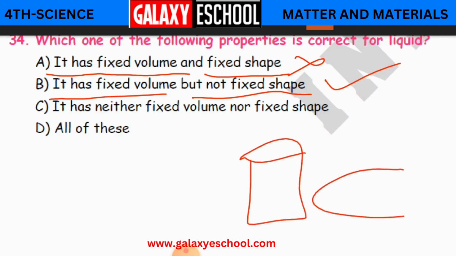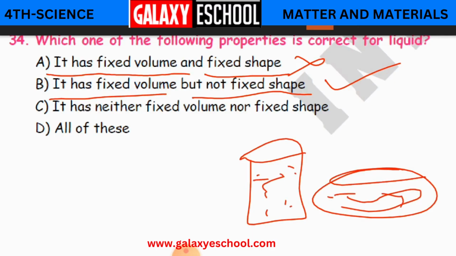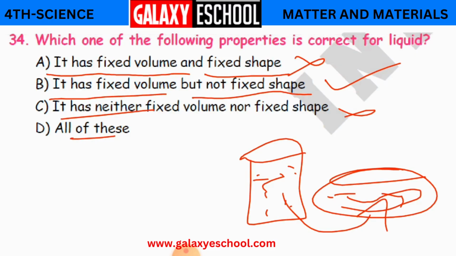So if this water is poured into this container, it is going to take the shape of this container, but the volume remains the same. Clear, children? So that is why it does not have a fixed shape. It has a fixed volume. So both these other options are also wrong. Now we'll go to the next question.